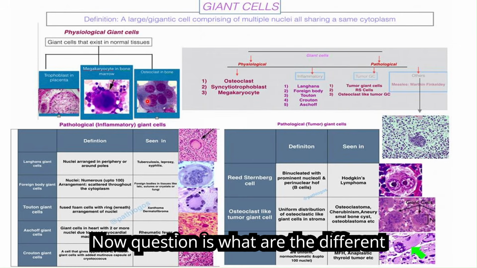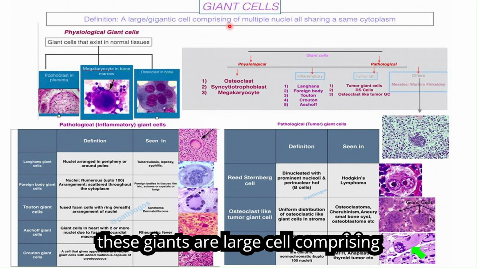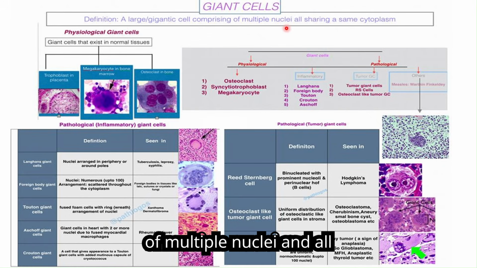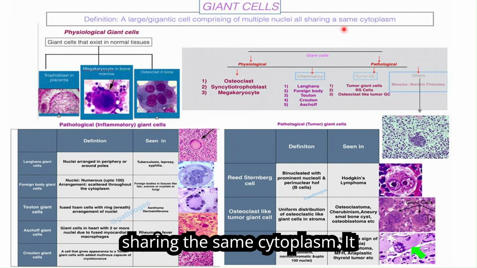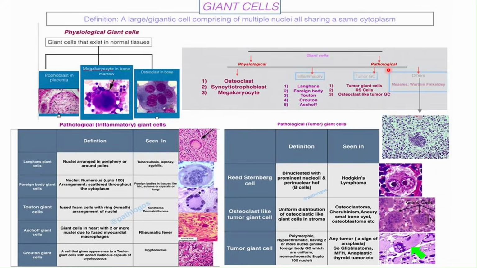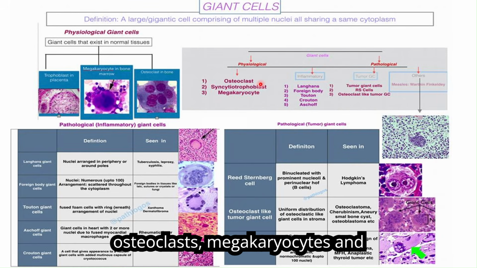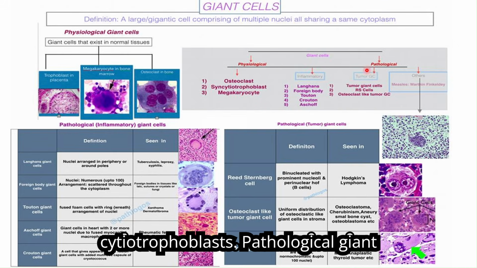Now the question is, what are the different types of giant cells? These giant cells are large cells comprising multiple nuclei, all sharing the same cytoplasm. They are divided into physiological giant cells and pathological giant cells. Physiological giant cells are osteoclasts, megakaryocytes and cytotrophoblasts.